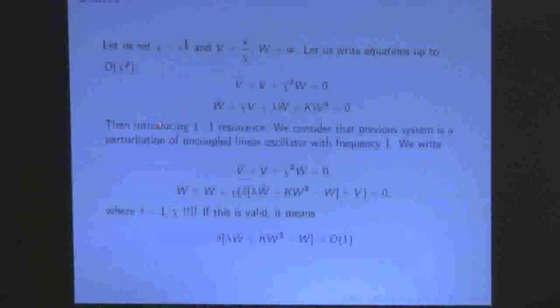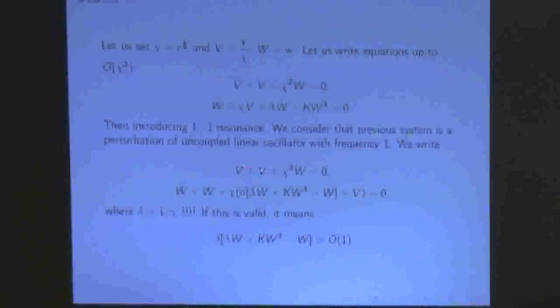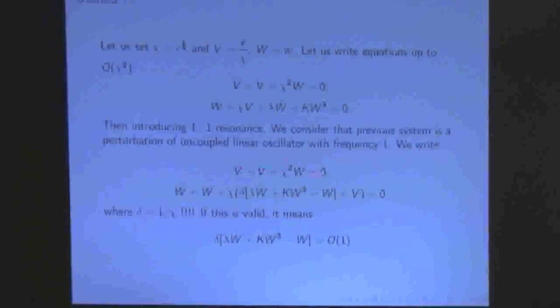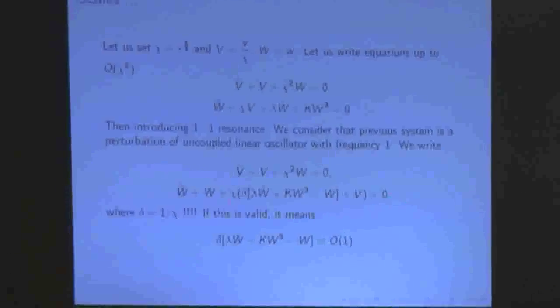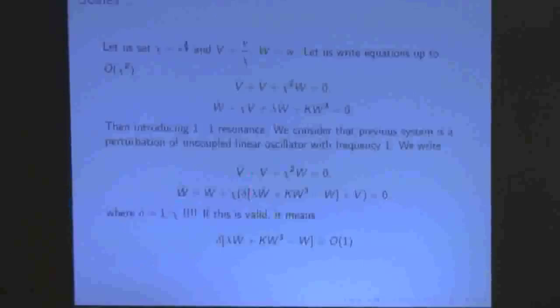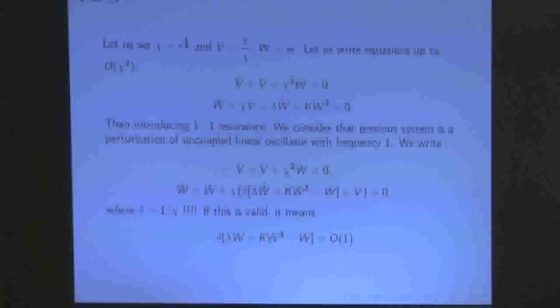Now I introduce the 1-to-1 resonance, as I did already. I consider that the previous system is a perturbation of an uncoupled linear oscillator with frequency 1. It means I have V double dot plus V equals 0, if I forget this, and here W double dot plus W plus perturbation equals 0, so that I have exactly the 1-to-1 resonance.